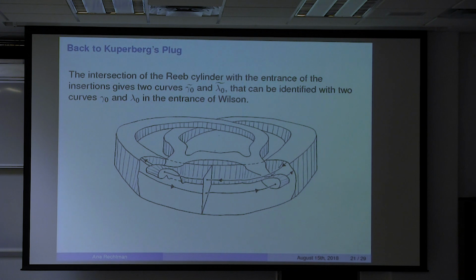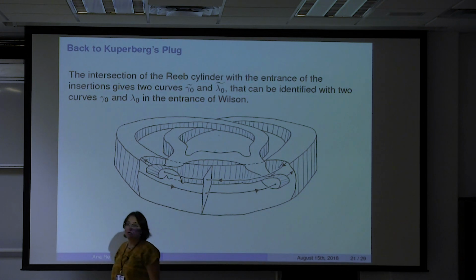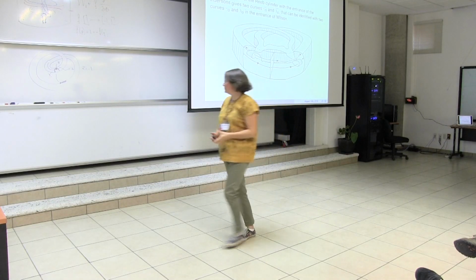So what I want to do is to flow the cylinder and see what happens. Okay? So the first thing to see is that the cylinder hits the insertions in curves that go from the boundary of the insertions to a trap point.